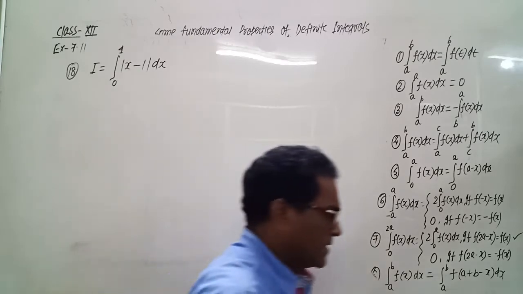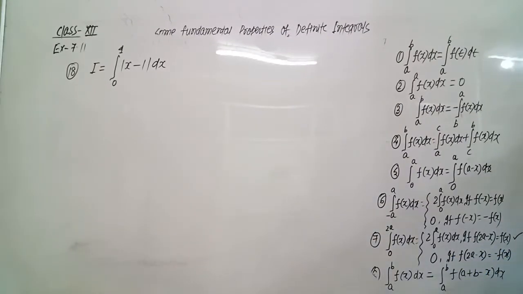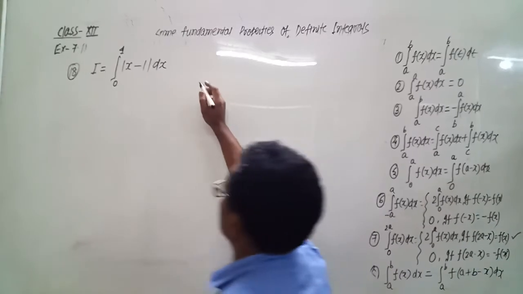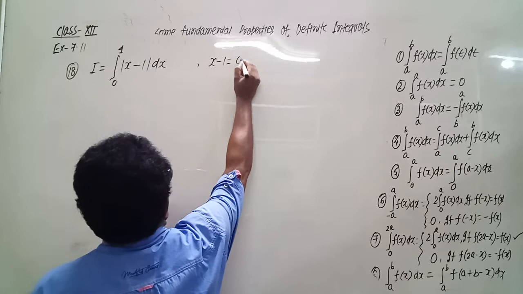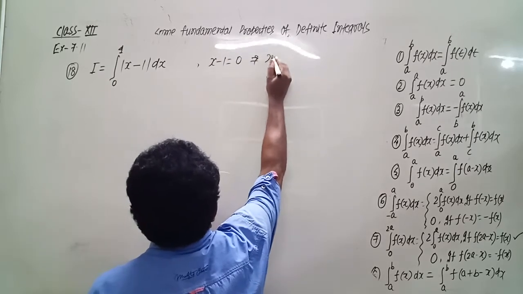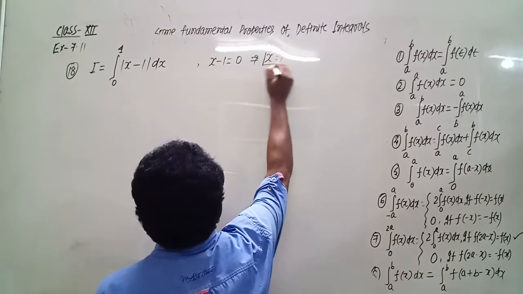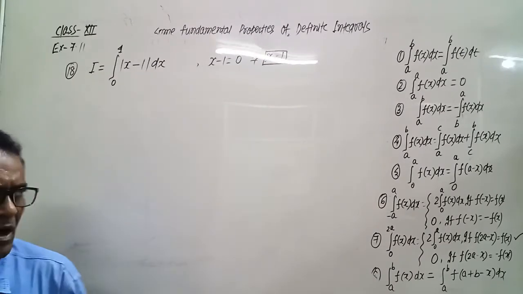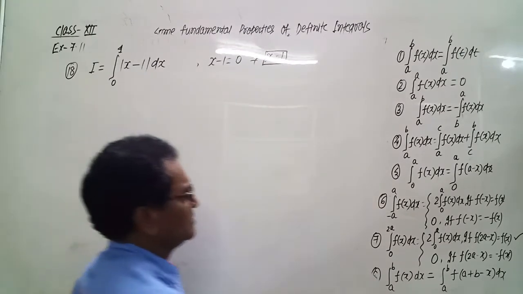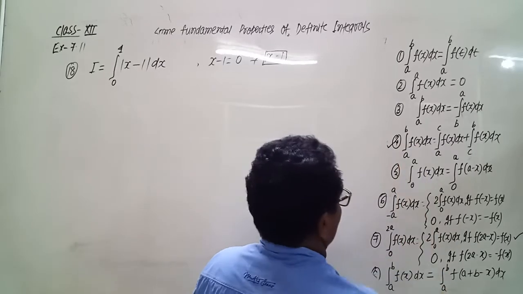In case of mod, we exclude the mod and make it equal to 0. So x minus 1 equals 0, and the value of x we get is 1. Now we use the rule of decomposition, meaning this property will be used.